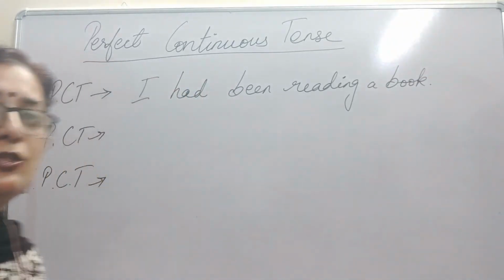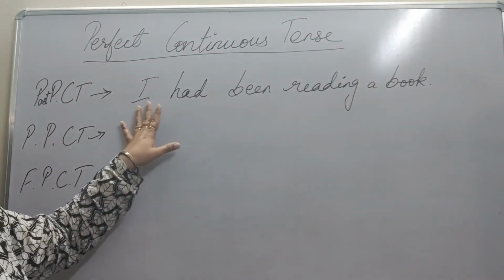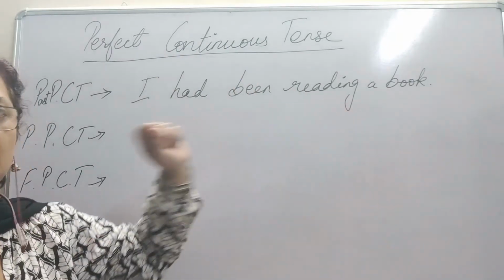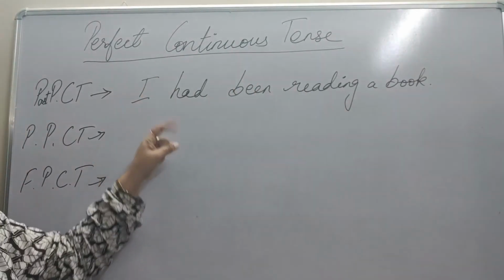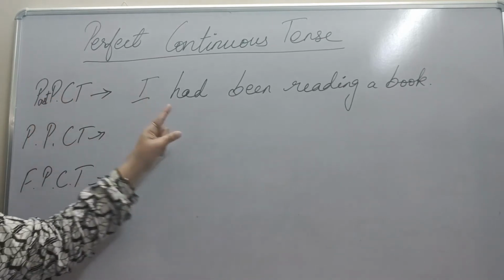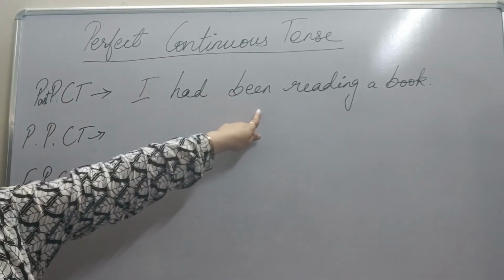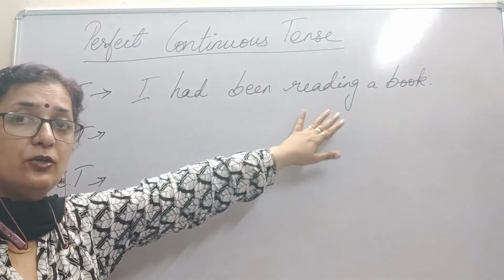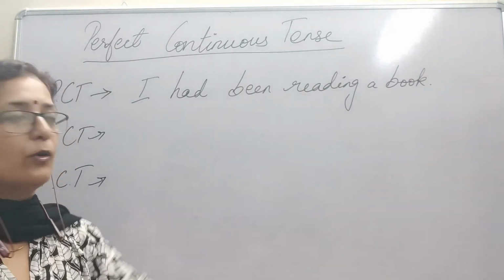Now if you see, children, in this sentence here, I had been reading a book. Once again, I is the subject, first helping verb had because we want the past form, second helping verb been, reading the verb with an ing or continuous form, a book.